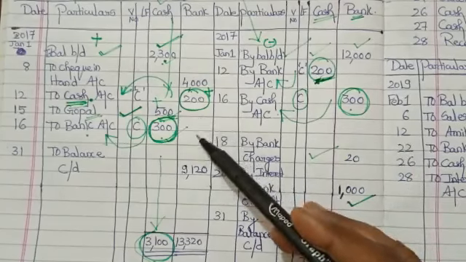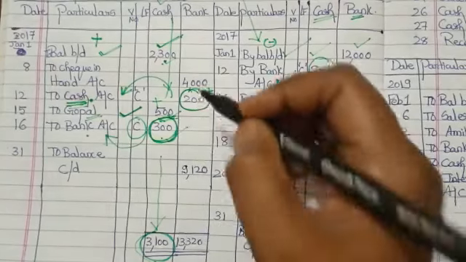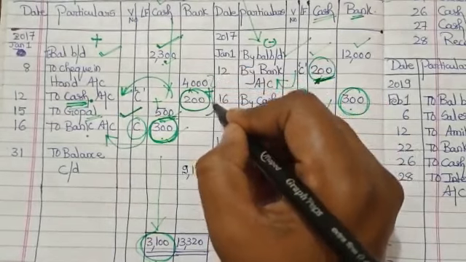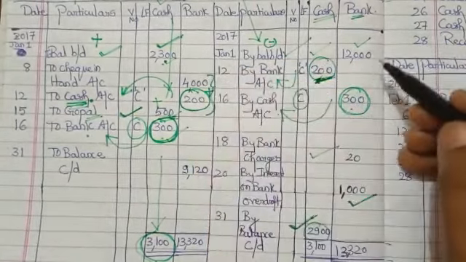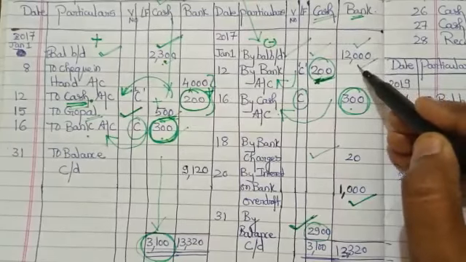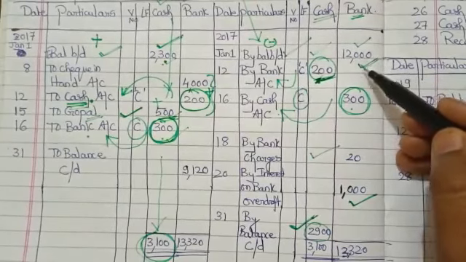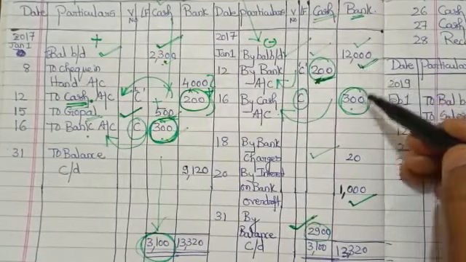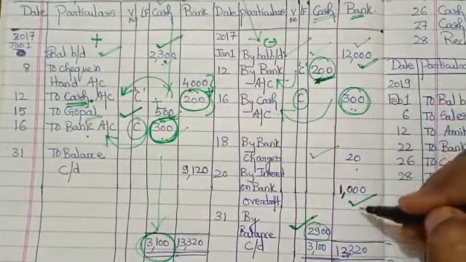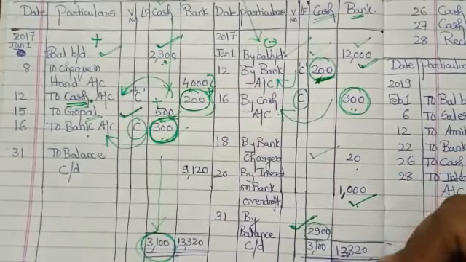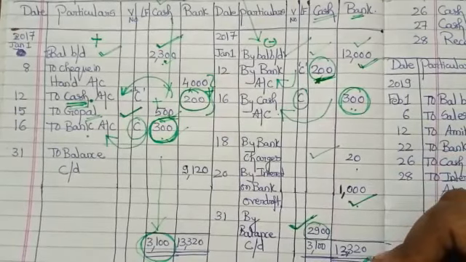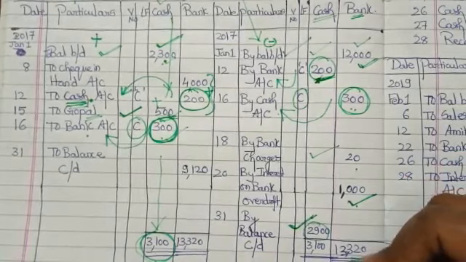Now check the balance of the bank column. Here are two entries totaling 4200. But see, the total of the credit side is more, because when you add 12,000 plus 300 plus 20 plus 1000, the total is 13,320.